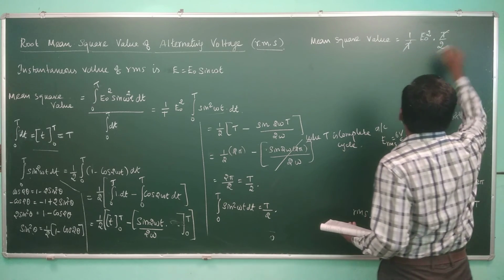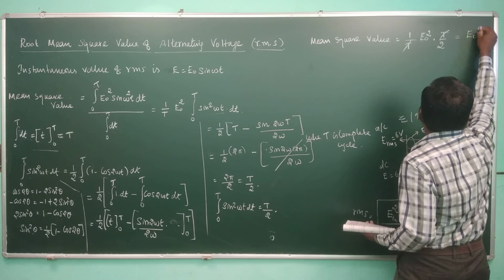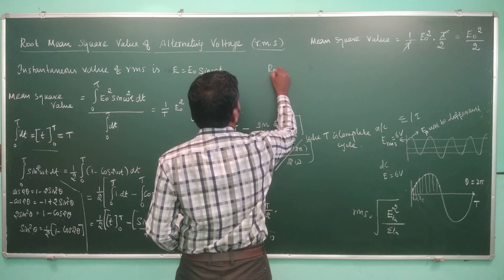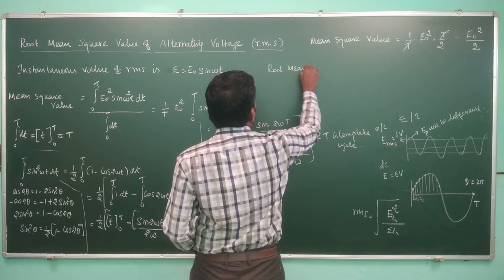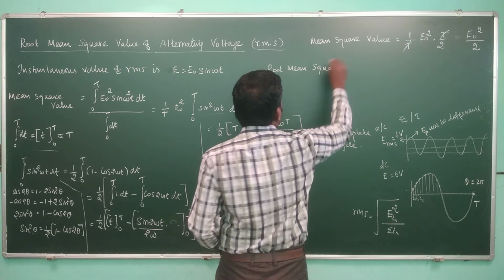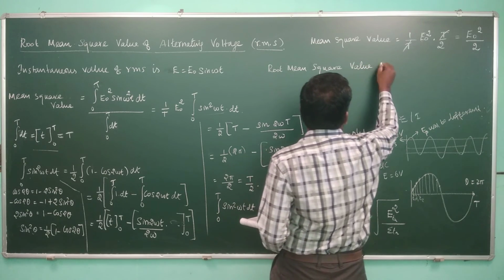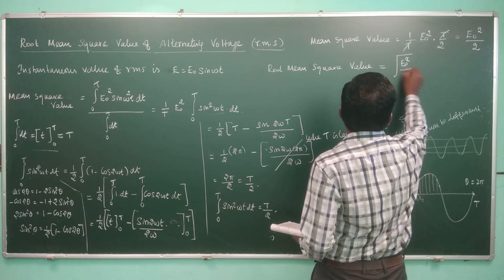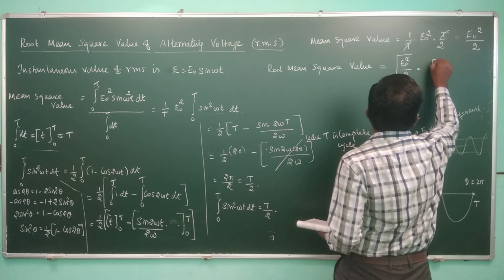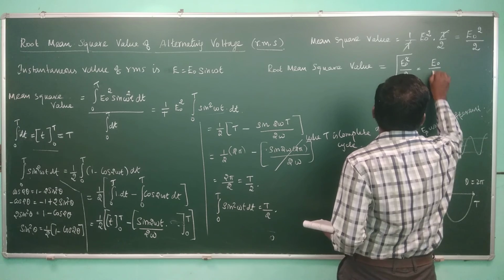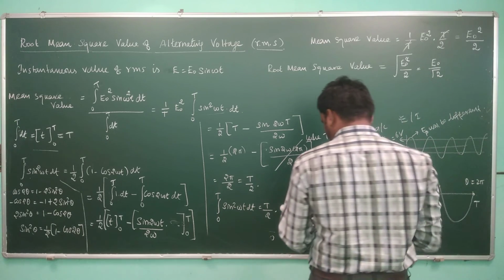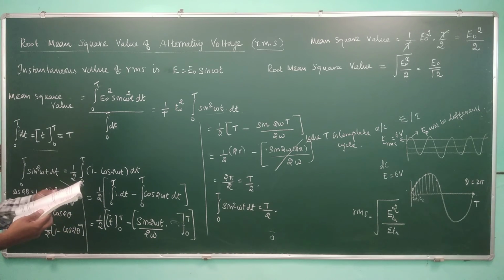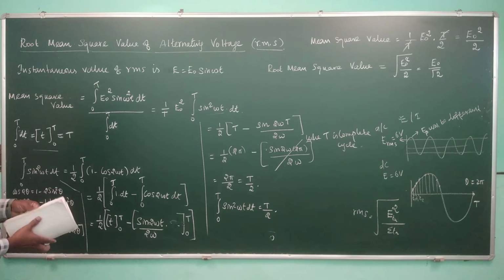This will cancel out, so what remains is E naught square by 2. Then if you want the root mean square value, you have to take the square root, and this becomes E naught by root 2. So this is the root mean square value of the alternating voltage.